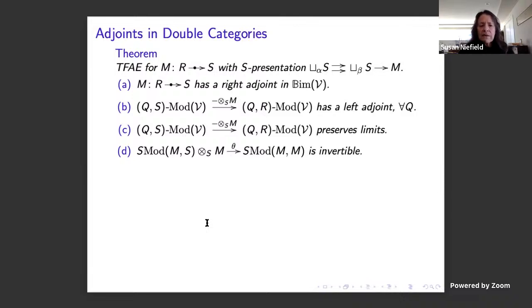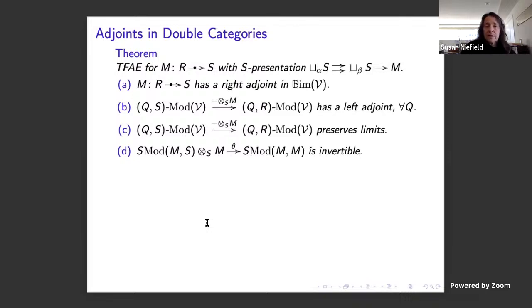And the fourth condition, which is the one that I believe was introduced in the paper with Wood, I don't know if it was hanging around earlier, is there's a canonical map that goes from S mod M S, tensor over S to M with M, into S mod M M, and that's invertible.